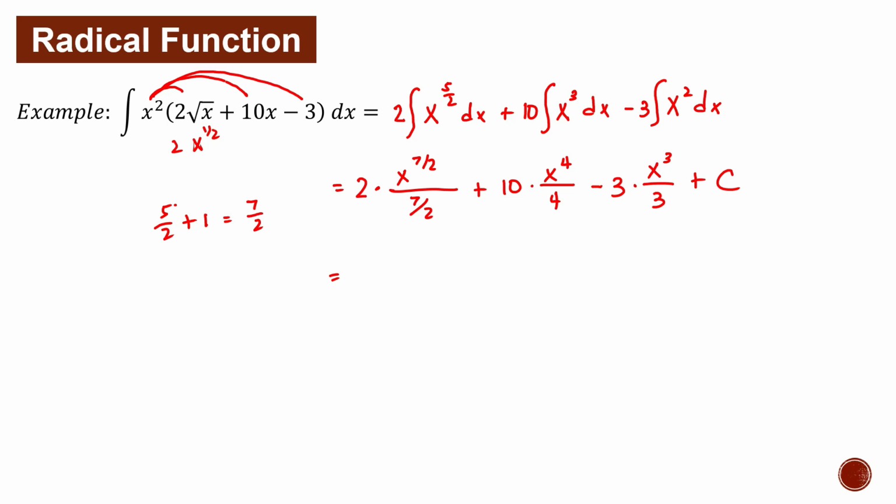So that means multiply that 2 by this 2, the big 2. So that'll be 4x raised to 7 over 2 over 7 plus, I think we can simplify this. So that's 5 over 2. So 5x raised to 4 over 2. Then we can cancel this out, minus x raised to 3 plus c.